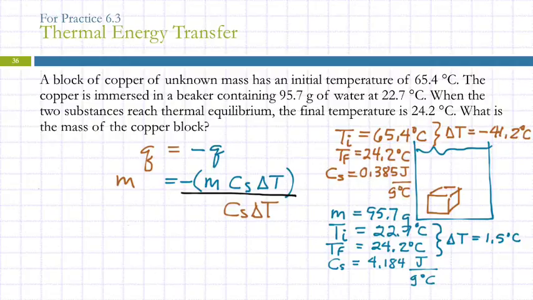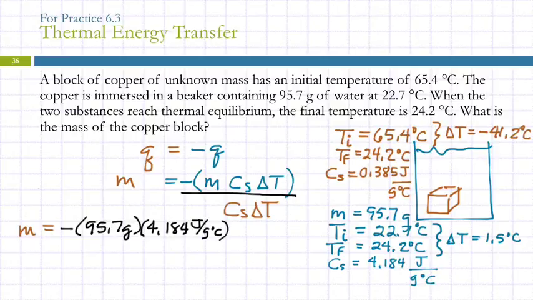Now we have all these numbers. Let's plug them in. So the mass of the copper equals negative times the mass of the water, 95.7 grams, times the specific heat capacity of water, 4.184 joules per gram degree Celsius, times the change in temperature for the water, 1.5 degrees Celsius.